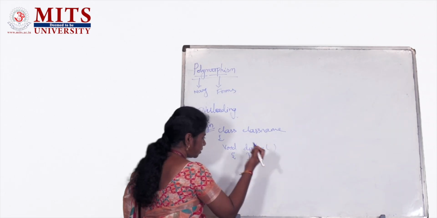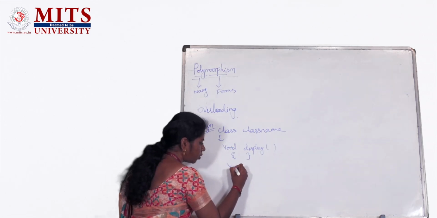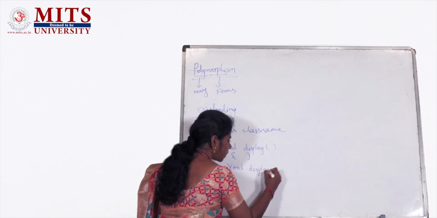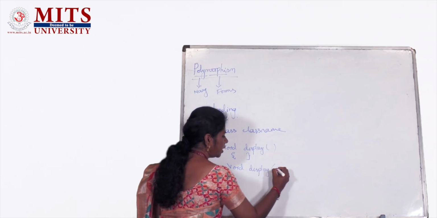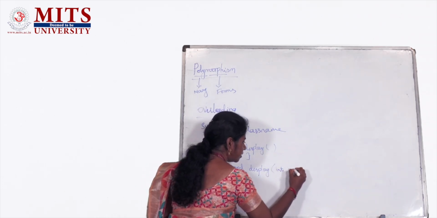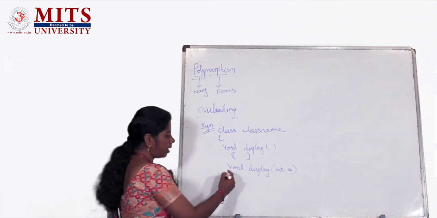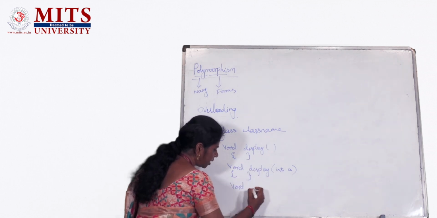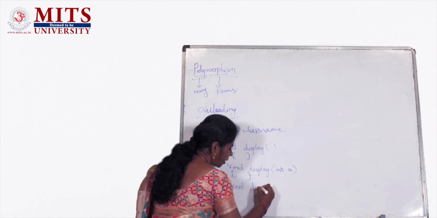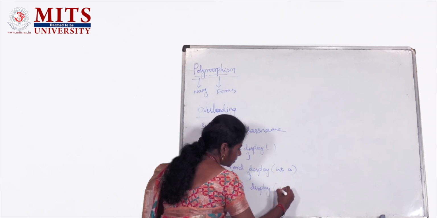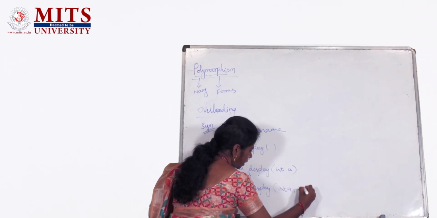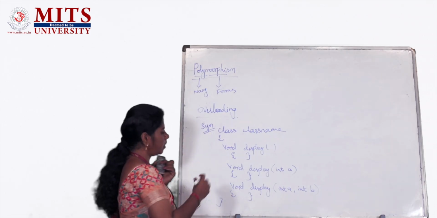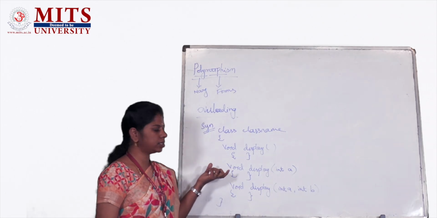Then we write some statements here, and one more method is void display, where within the method I'm declaring a variable as int a. And then one more method I'm going to declare, that is void display of int a comma int b. Like this we declare method overloading.